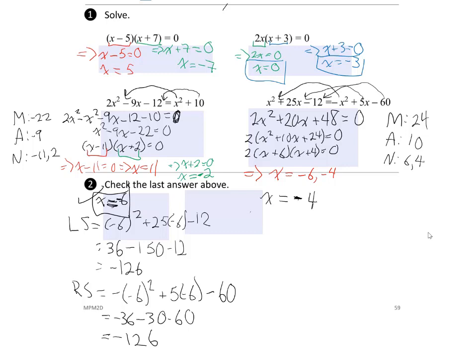So our left side equals negative 4 squared plus 25 times negative 4 minus 12. And that just equals negative 96. Okay, same idea for the right side.